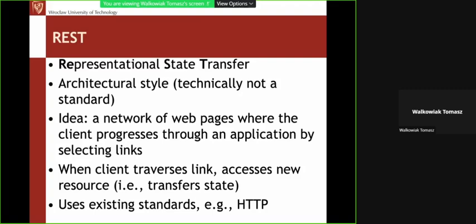And I have links. The links have names, and each one accesses resources, some data, okay? So it is the idea of REST. Everything is a resource, okay? So, of course, again, use existing standards, okay?